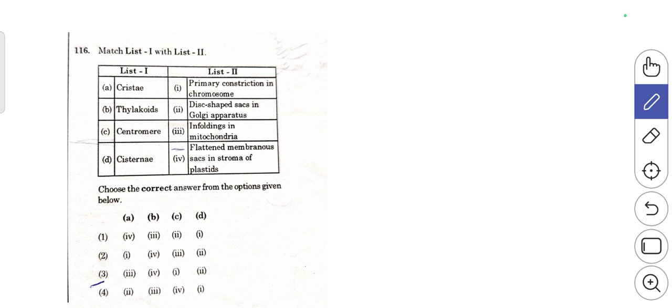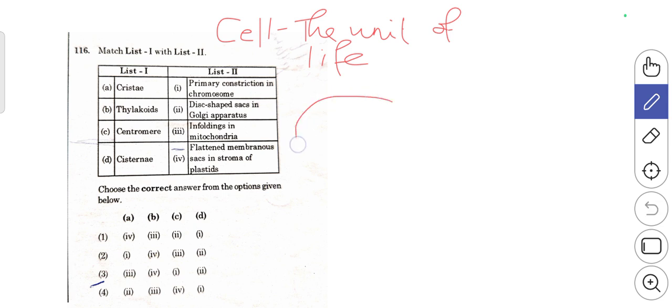This question is basically from the chapter Cell: The Unit of Life. The first thing they have given is mitochondria. As you all know, this is the structure of mitochondria.